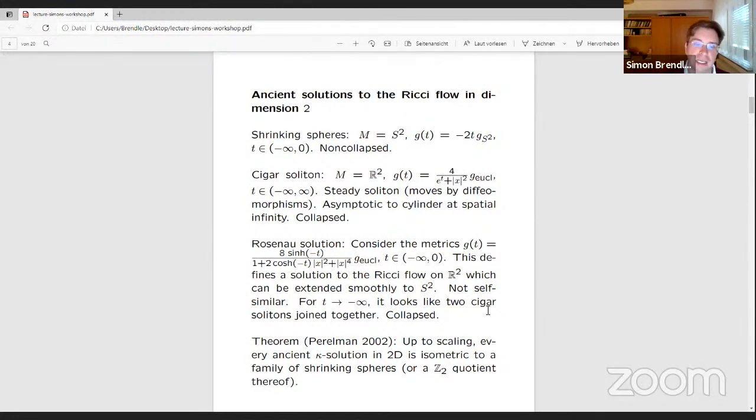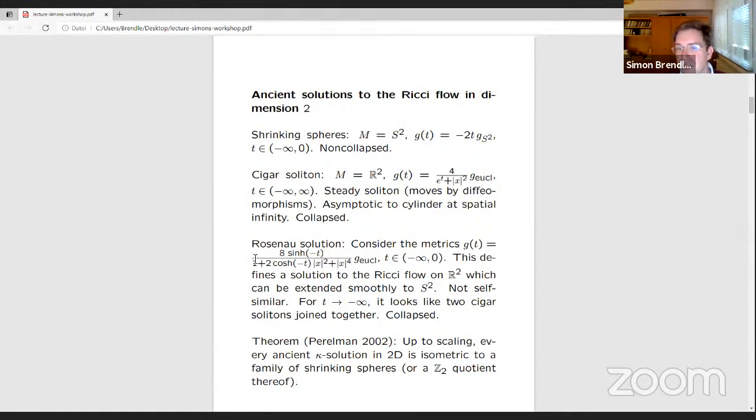Right. Now, here's a slightly more complicated solution. This is called the Rosenau solution. You can again write it down as a conformal factor, and I did so here. So you take the Euclidean metric, and then for any negative time t, you can express the conformal factor basically as the reciprocal of a quartic in x.